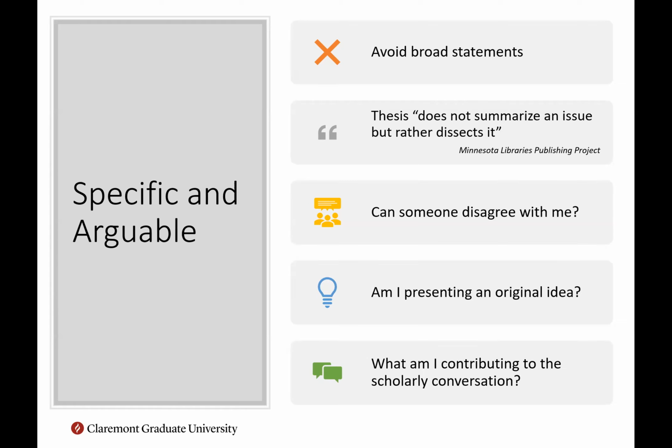Am I presenting an original idea? This is one, I know if you're working on a seminar paper, a class paper, there's that sense of, well, how do I know? I haven't done all the reading on this topic. I'm not going to present this amazing new approach in this one class paper. But what I mean by that is essentially don't just rehash something you've already read in the readings. Don't take a thesis from another paper and just restate it.